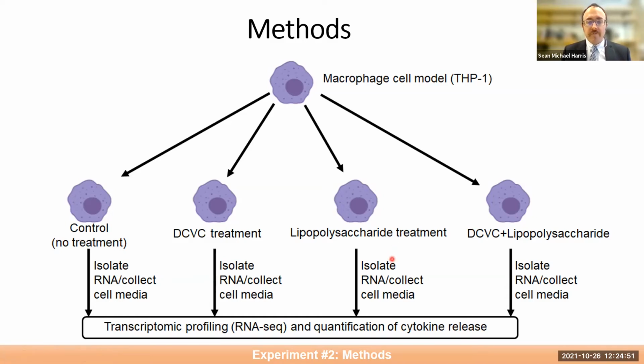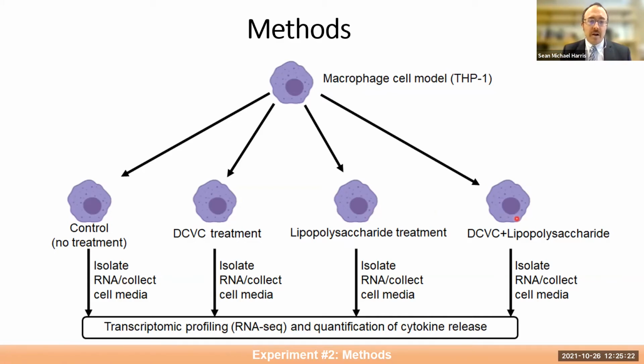The RNA was used for RNA sequencing to conduct transcriptomic profiling, and the cell media was used to quantify release of pro-inflammatory cytokines by the cells under each of these conditions. Our main point of comparison for this experiment was between these last 2 treatment groups, lipopolysaccharide treated versus DCVC plus lipopolysaccharide, to see how DCVC was modifying the inflammatory responses in these cells.